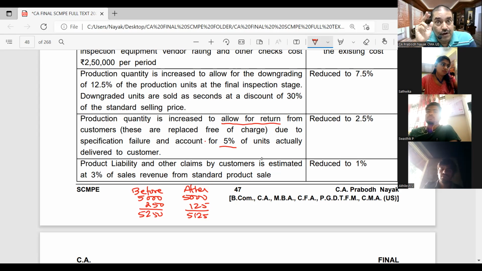Quantity sold has been increased by 250 units and 125. Now they are saying production quantity is increased to allow for the downgrading of 12.5% of the production units. That means I know that 12.5% of the goods which are produced are going to be defective. So I have to produce that much more to cover up that 12.5%. You follow? So 12.5% of the production units.